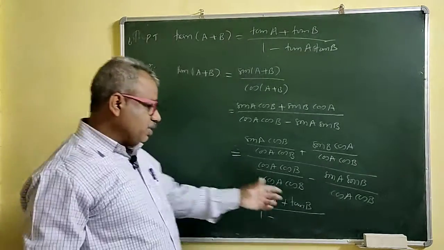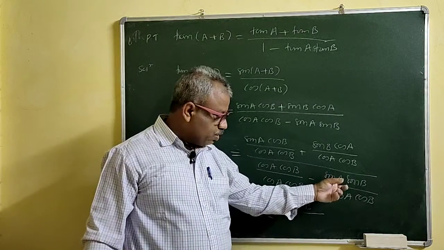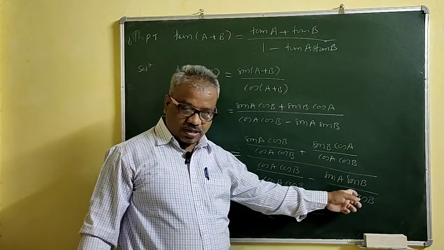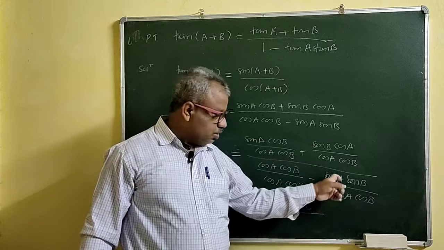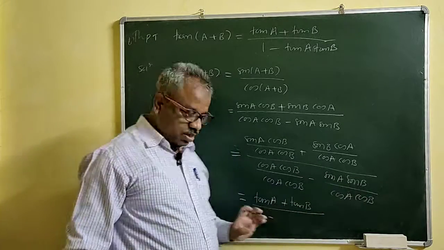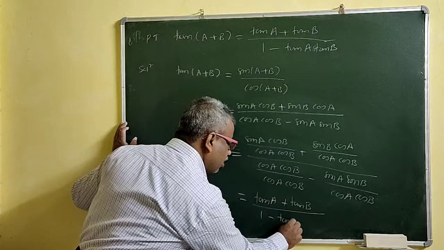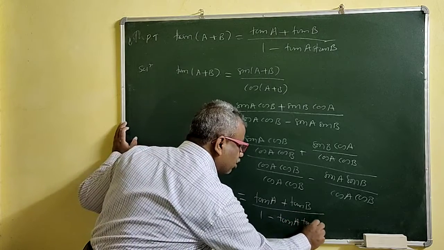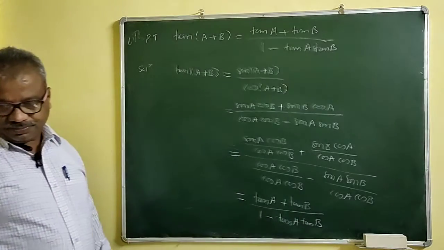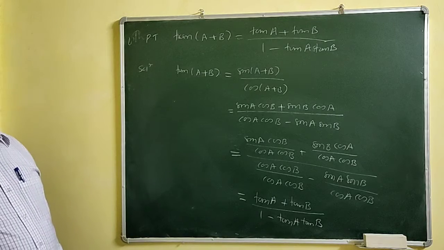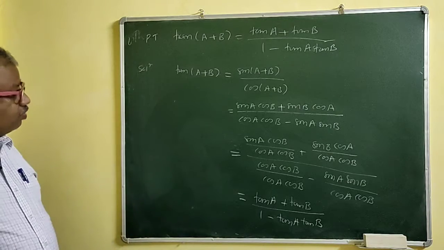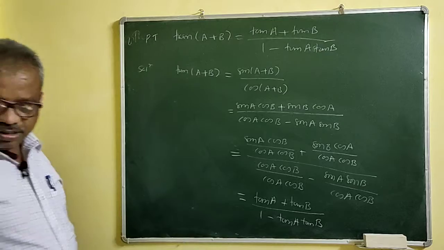Now rearrange the terms like this, right? This is a product. That means you may write sin A upon cos A into sin B upon cos B. This is your tan A into tan B. So 1 minus tan A tan B, right? So we are through now. Look at this, right? Okay.